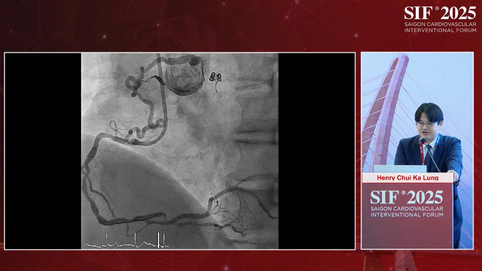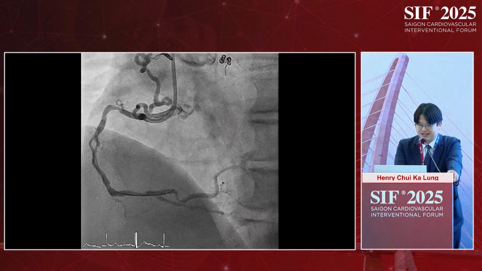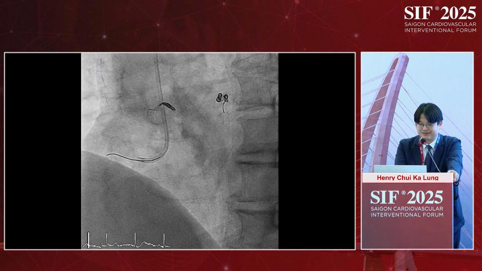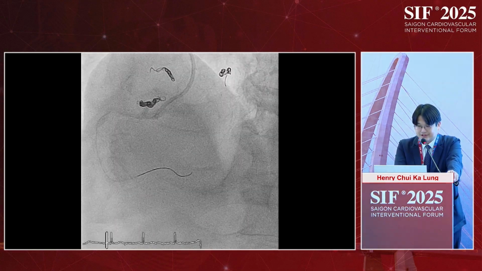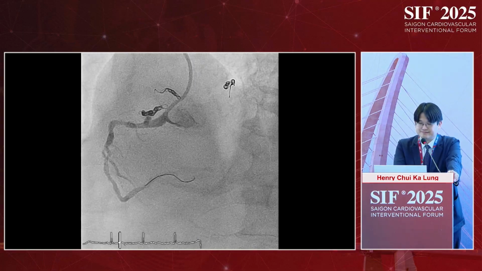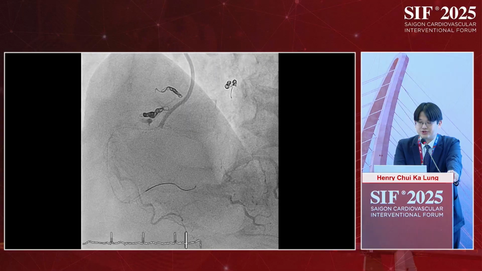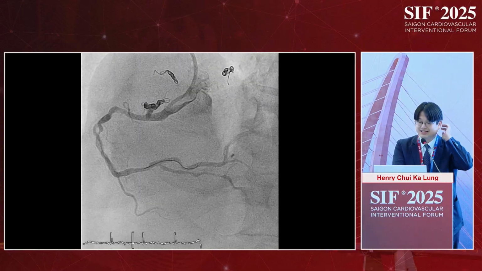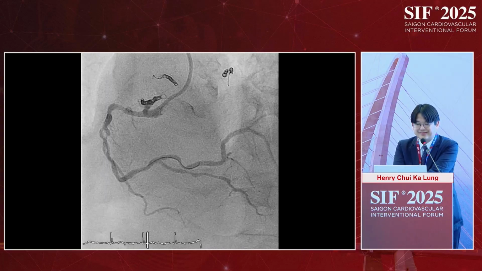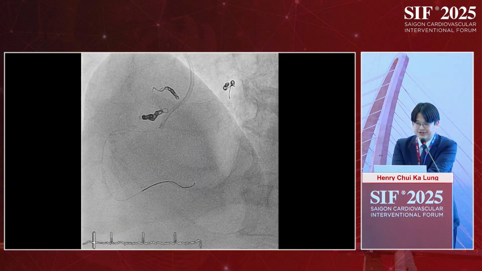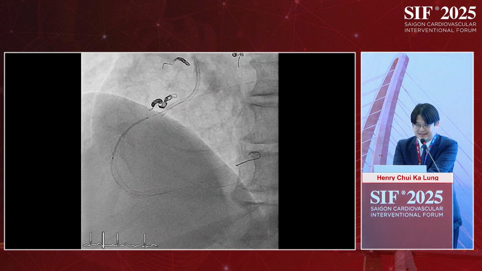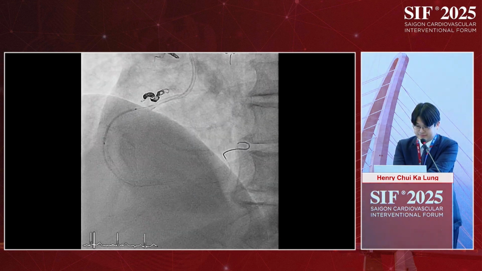So we finished coiling the RCA fistula, and then we proceeded to the PCI. It's quite tortuous. So we decided to do DCB of the PLV branch and then stent from the distal RCA right at the bifurcation all the way back to the ostium of the RCA. So this is the first stent, second, and third stent.